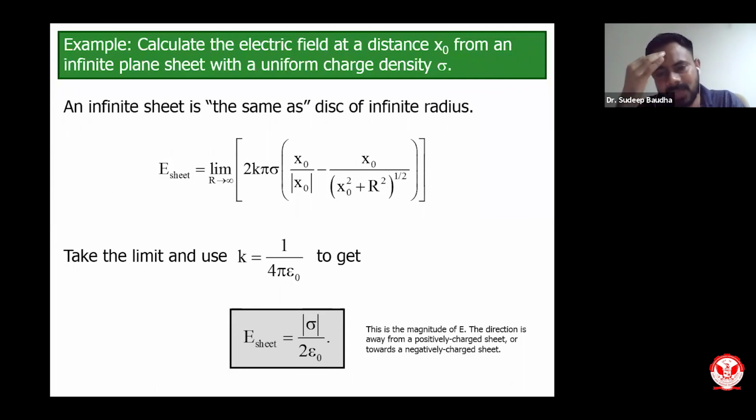Tomorrow we will start with the same equation, and I would like to devote some 5 to 10 minutes on this because it is very important to understand what happens when the sheet is infinite in nature. And how could this relate to the possible concept of electric field generated in the entire universe?